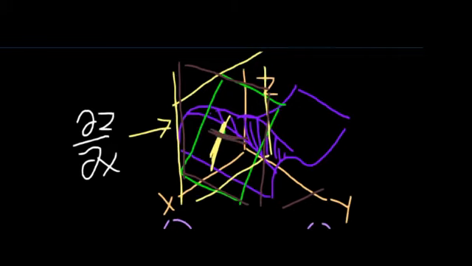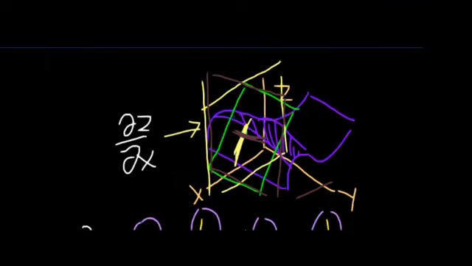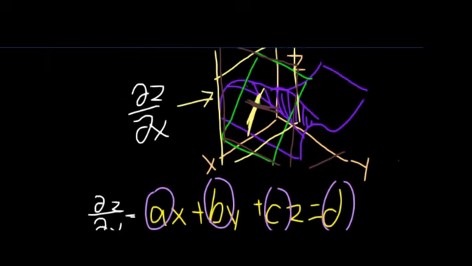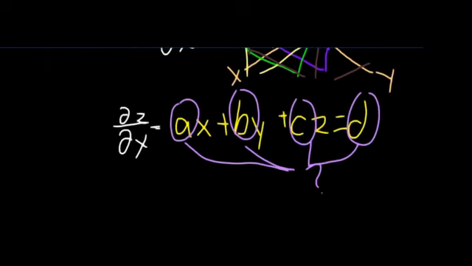If you were to view it in the ZY plane, it looks very, very zero. So dz dy is zero.